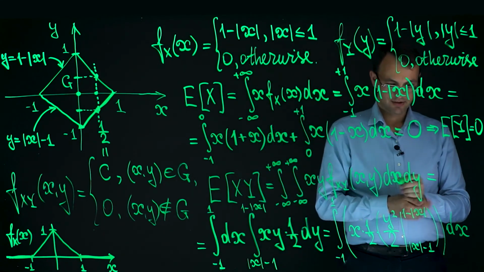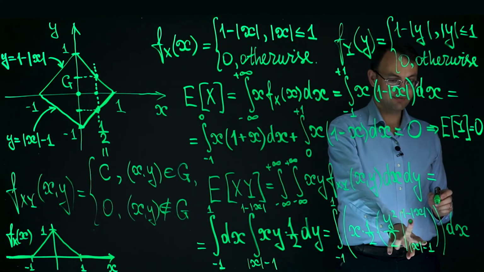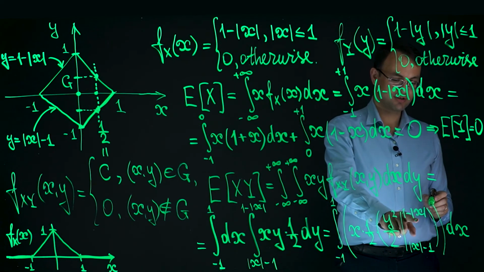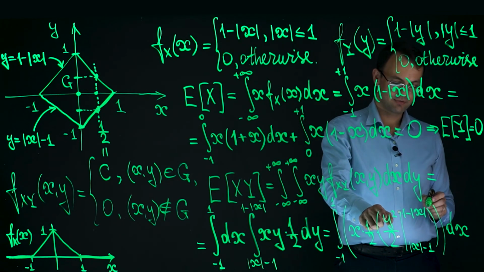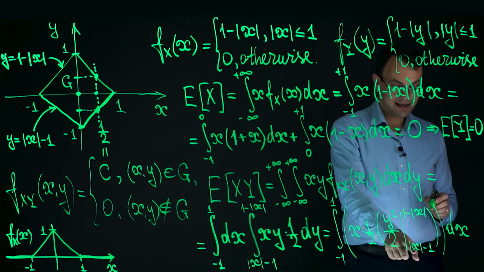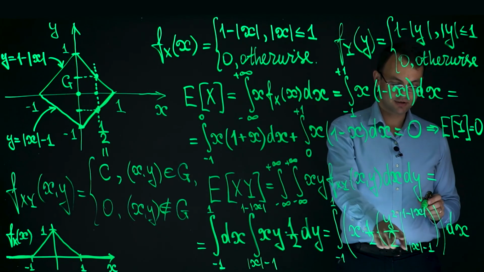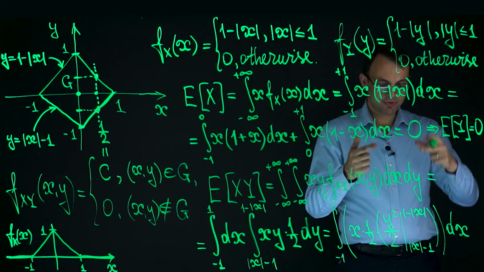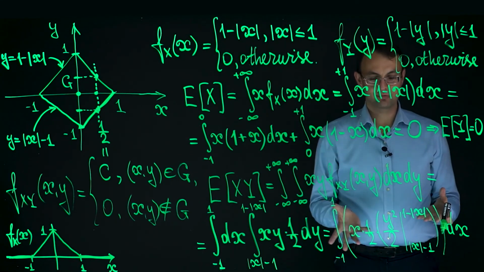As these limits differ only in sign and they are squared, when we substitute these limits for y, 1 minus modulus x squared and modulus x minus 1 squared are the same, and they are subtracted one from the other, so the result is 0.